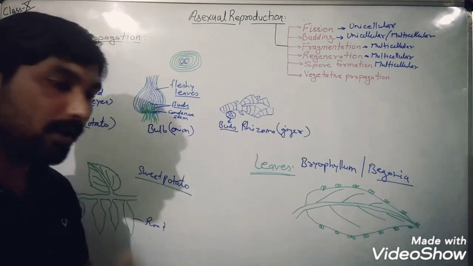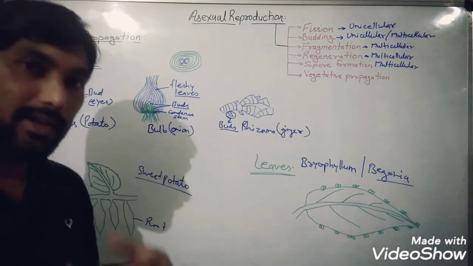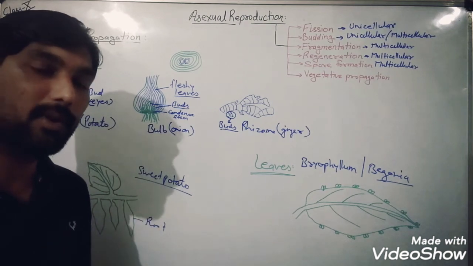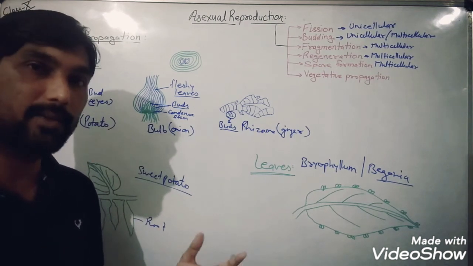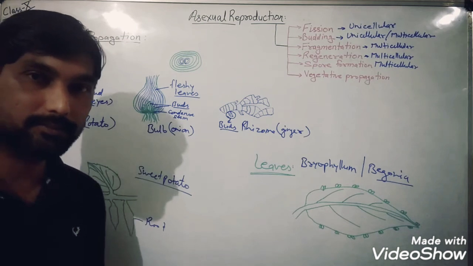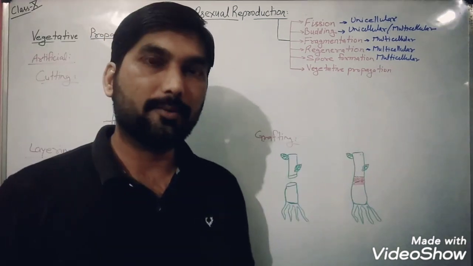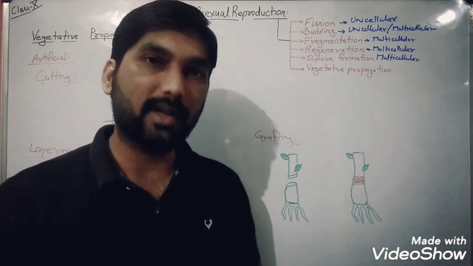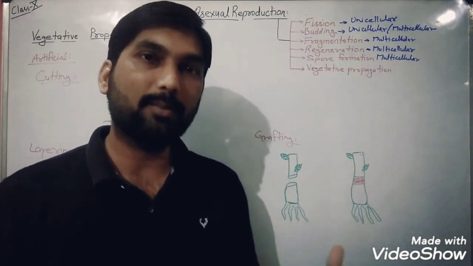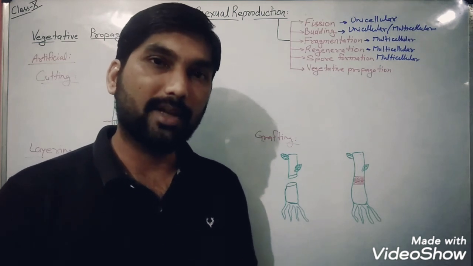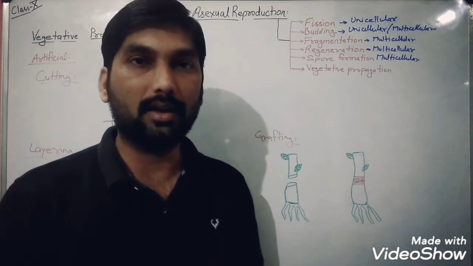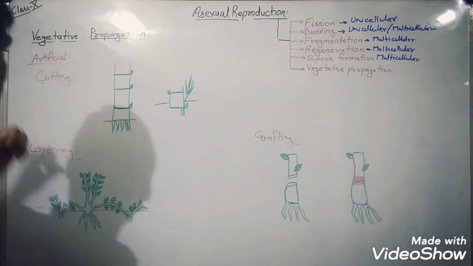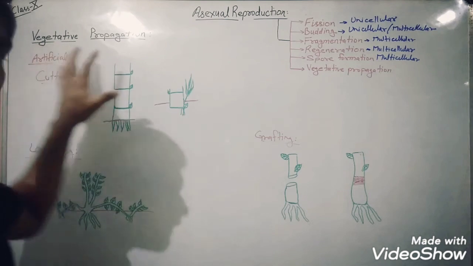Now we will see how the humans are going to create some changes in this, and they are going to develop new plants with the help of artificial propagation. So after having a knowledge of vegetative propagation, humans have created some techniques to multiply and grow some desired characteristics plants in a very short period of time, and these techniques are known as what artificial vegetative propagation.